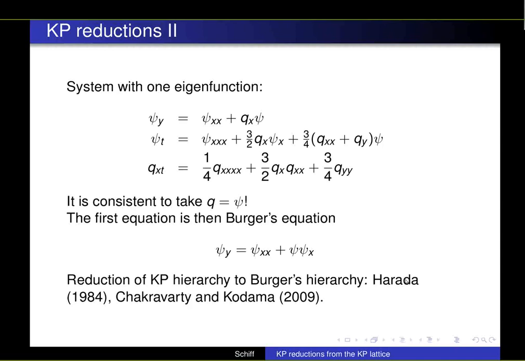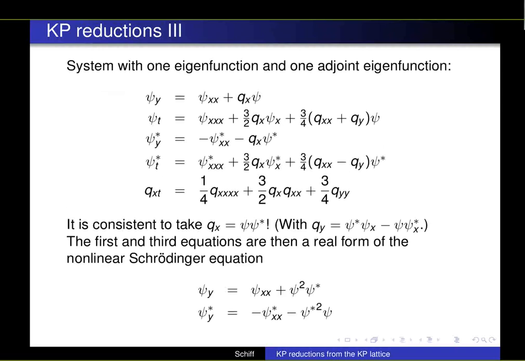This was found by a Japanese mathematician, Harada, in 1984, but it certainly wasn't known widely in the West. And Chakravarty and Kodama in 2009 wrote a long paper about how KP can be reduced to the Burgers hierarchy and consequences of that.